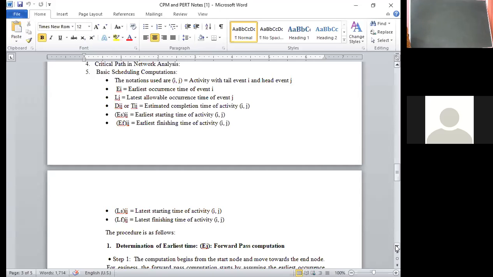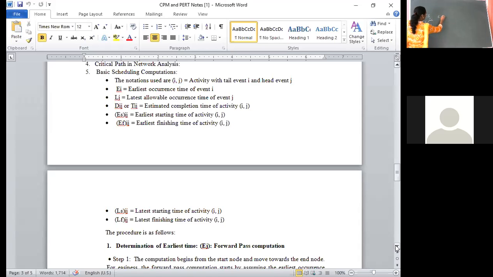EI, you have to remember this. EI means the earliest occurrence time of event I. Instead of simply EI, we will represent this as ESIJ. What does ESIJ mean? ES is the earliest start time of activity IJ. Next, EFIJ, where IJ is the suffix, is the earliest finish time of activity IJ.